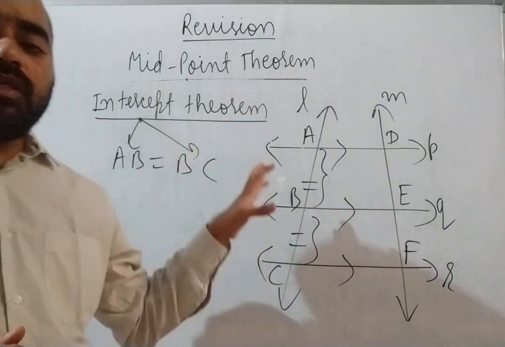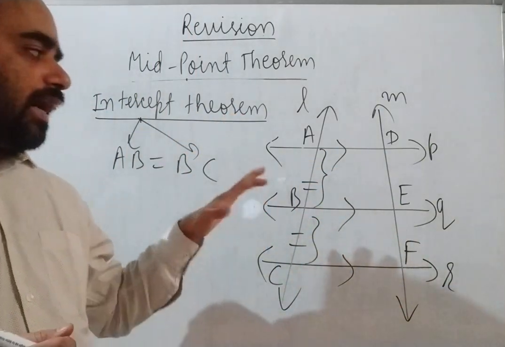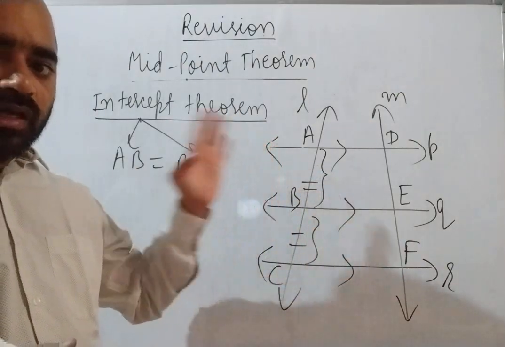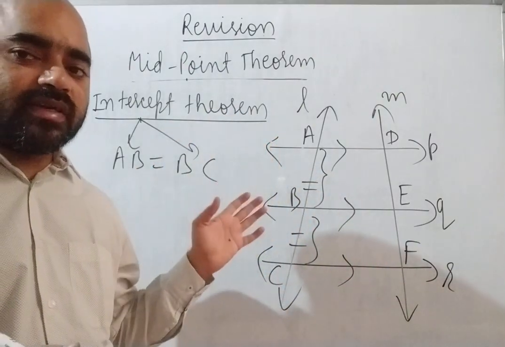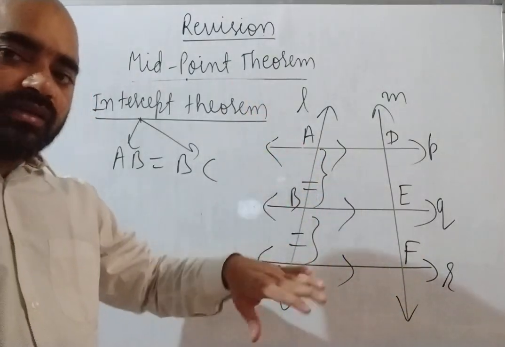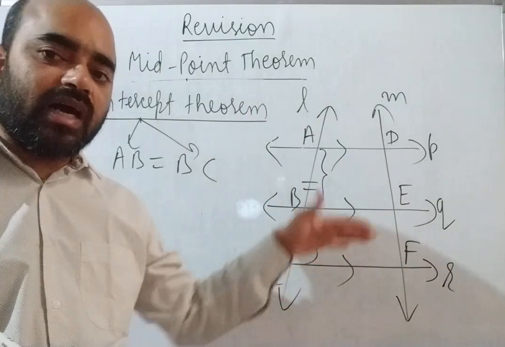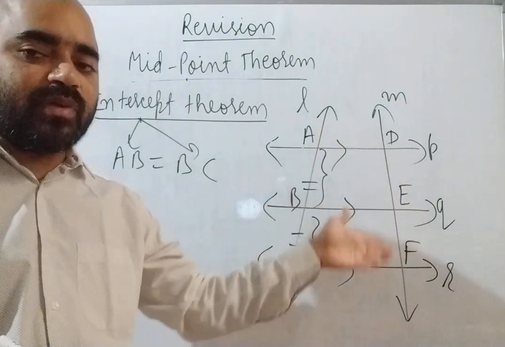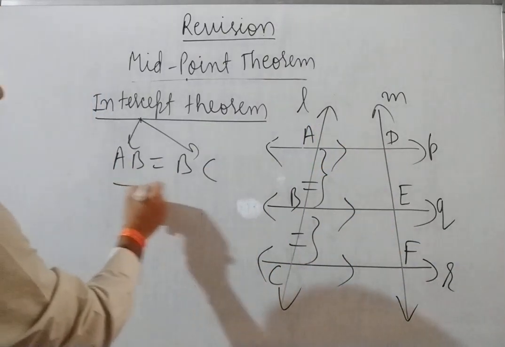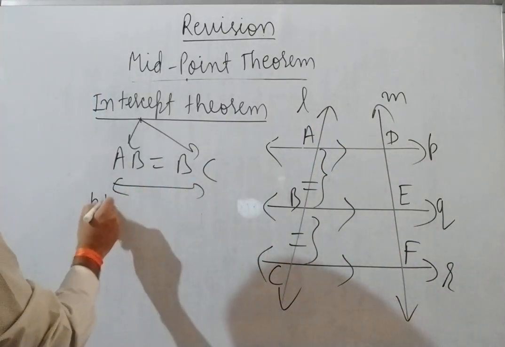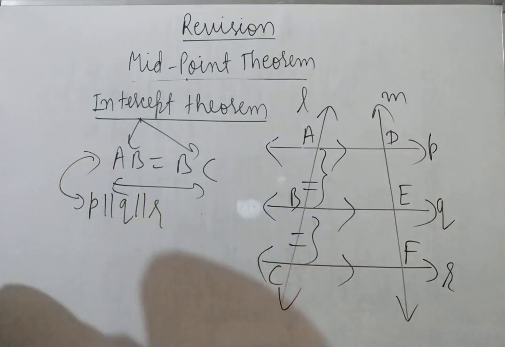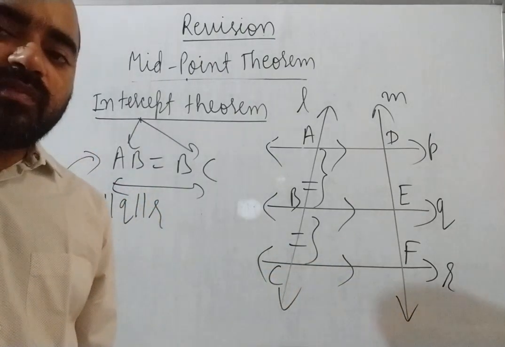So if 3 or more parallel lines are there and intercepts made by one transversal on 3 parallel lines are equal, then intercepts made by another transversal on the same parallel lines must be same. So what is the condition we are having? AB is equal to BC we are having, P is parallel to Q is parallel to R. So these two conditions are required for applying intercept theorem.